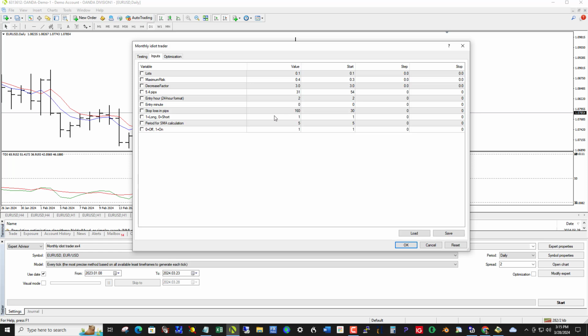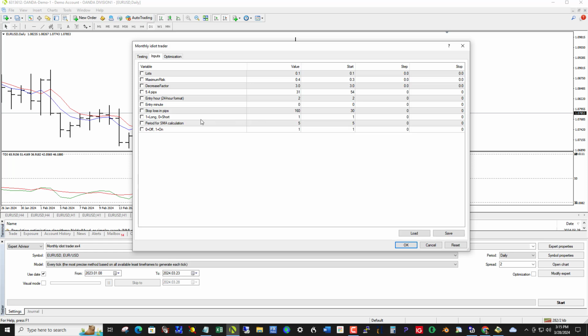And you can dial in the minutes if you want. Stop loss in pips, this is a 5-digit broker, so I have 160 to stand in for a 16 pip stop loss. And right now I have a 3.1 pip profit. Keeping this rather modest on a daily chart virtually guarantees, as you'll see, a win every time.